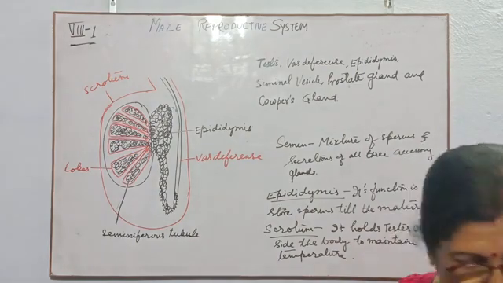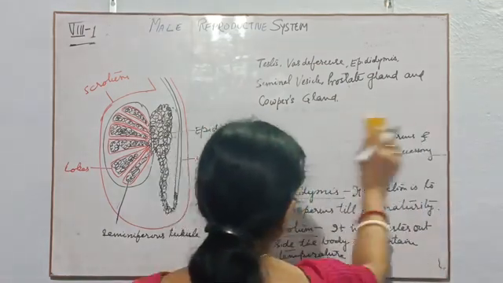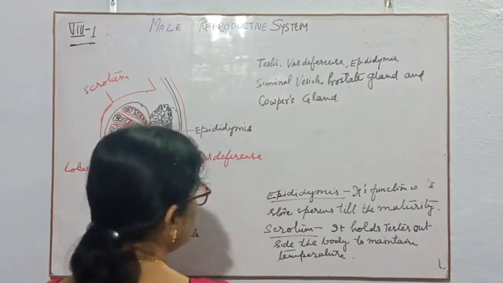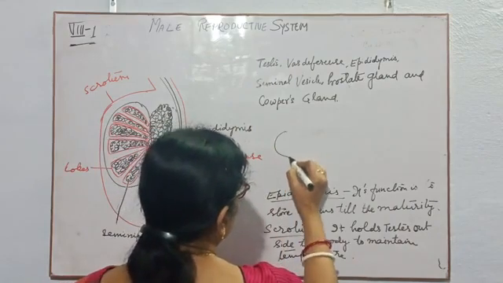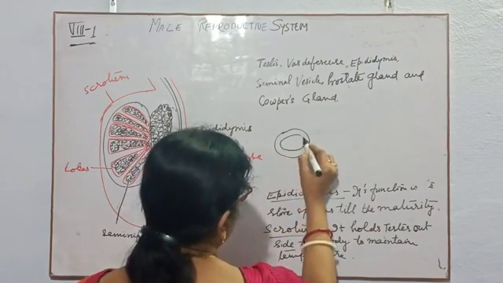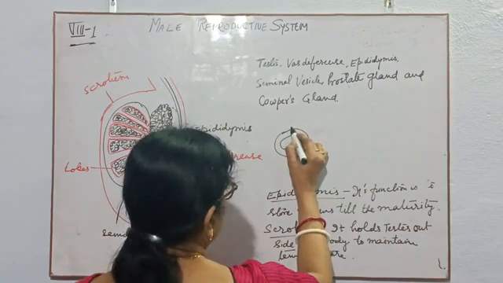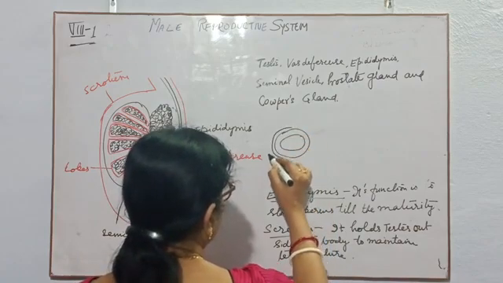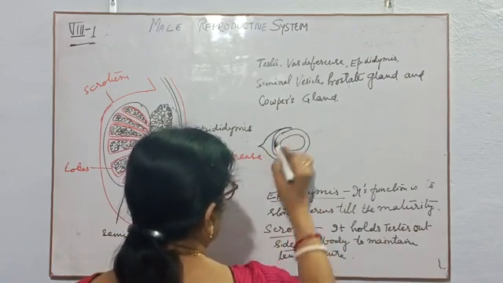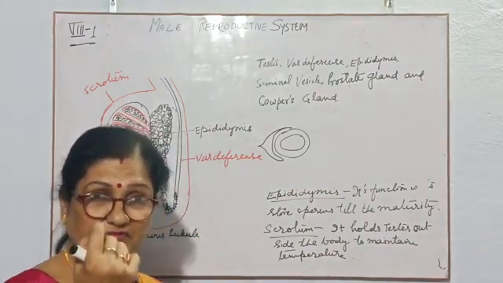And children, one diagram I have to draw, that is the diagram of a sperm. Simply I am drawing here, this is the cell body, and here a cap, a cap-like structure, as we have nails on the tip of the finger.